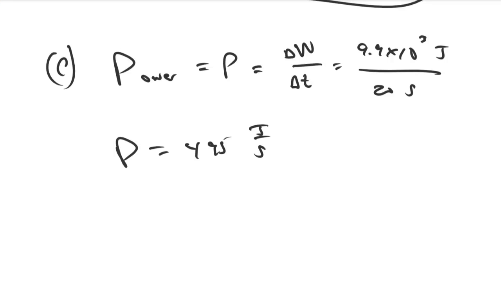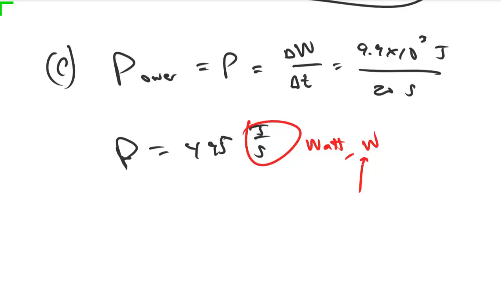This power is equal to 495 joules per second. And this joule per second is a very, very common unit. It is called a watt, which we symbolize with a W, not to be confused with the W that we use for work, right?